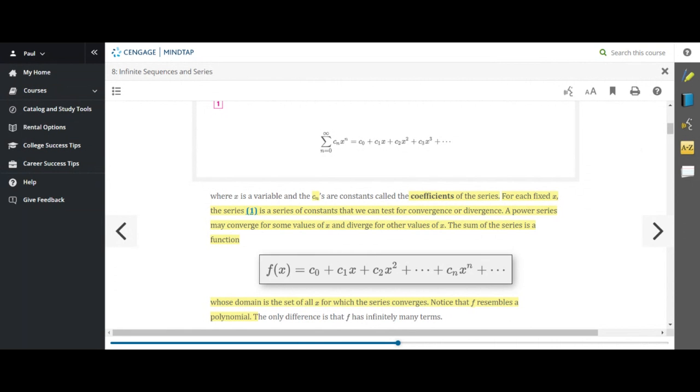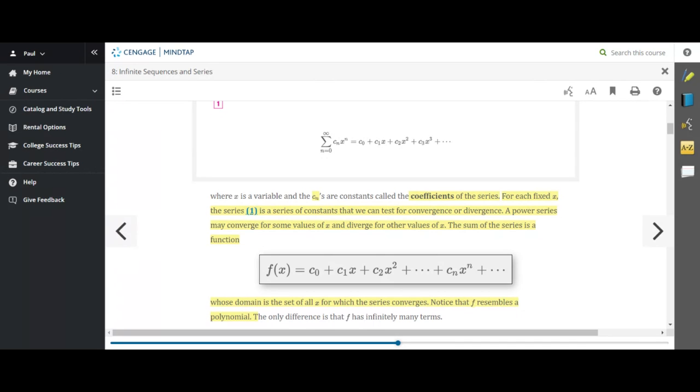But what I'm really getting at here is, if we're going to write a function as a power series, then that power series representation of the function is only good over what's called the interval of convergence.